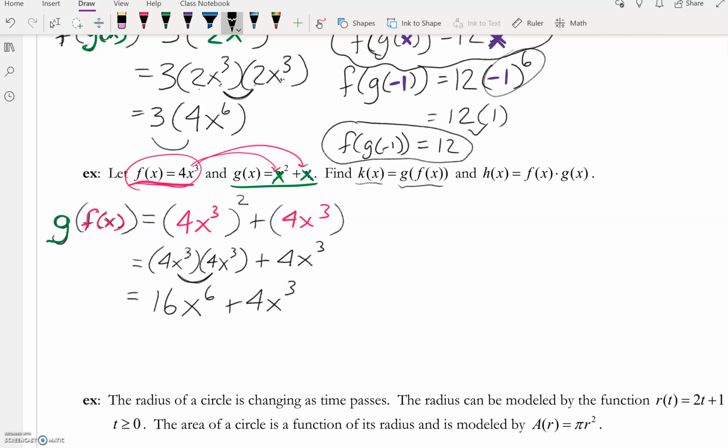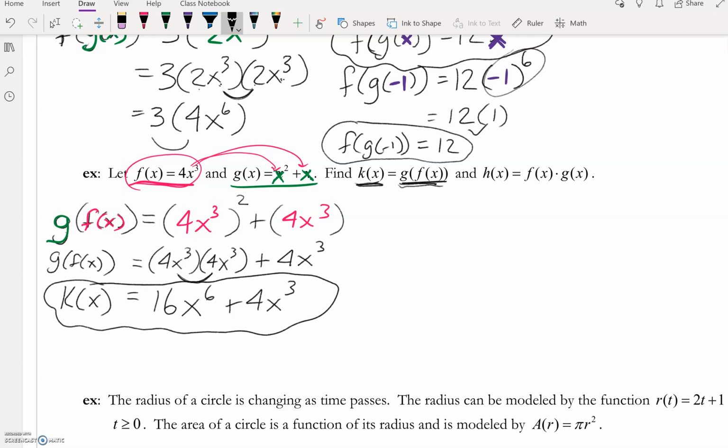These two things are not like terms. We cannot combine them together. So this is as simplified as it can get. Normally I would write g of f of x equals all this stuff, but we just decided to rename it k of x. So if I use that new label, we are all set for that first part. k of x would equal 16x to the 6th plus 4x cubed.